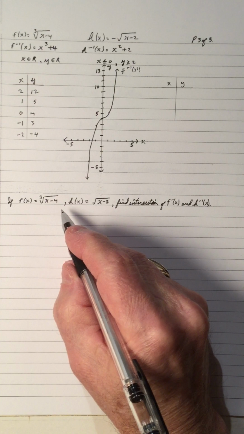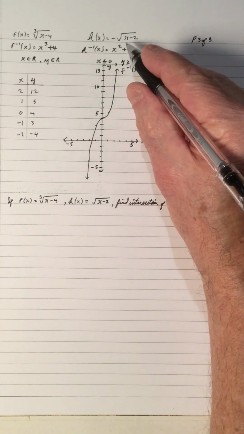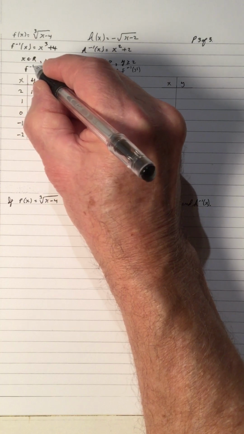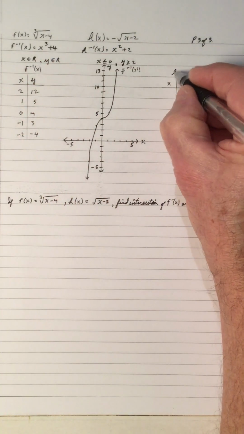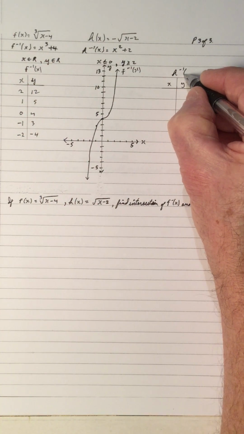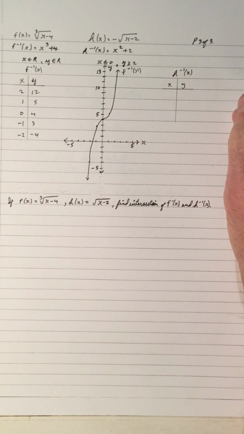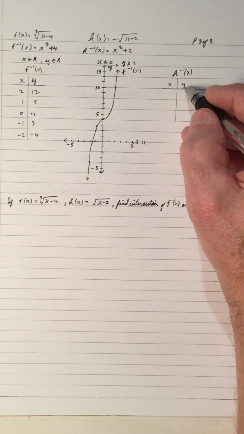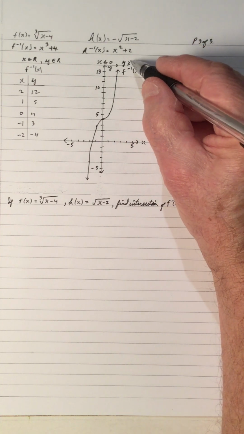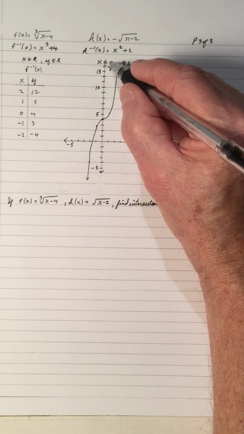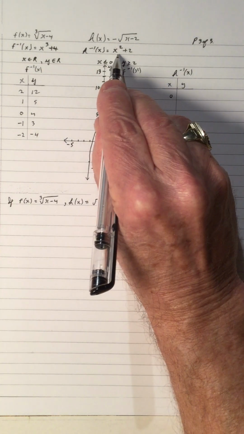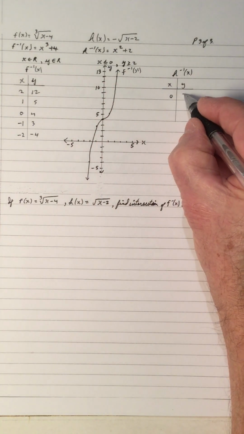Now we do the table of values for, this is the table of values for f to the negative 1, and this is the table of values for h to the negative 1. So h to the negative 1 is right here. So we'll take the values, and it says that the values of x are less than or equal to 0. So we take a 0, plug a 0 in here, and I'll get a 2.